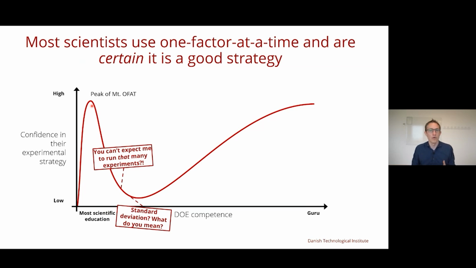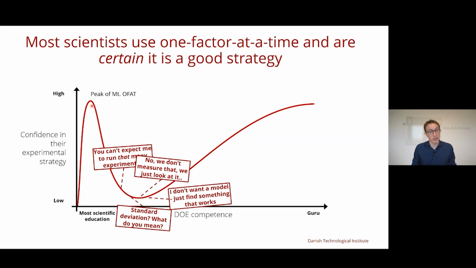You might not know what the variation is in your quality metrics, so it's difficult to use classic DOE and figure out how many experiments we need to run. And you might also have the problem that most of your quality metrics are visual or taste-based or smell-based, and you don't measure quality, you just judge quality.